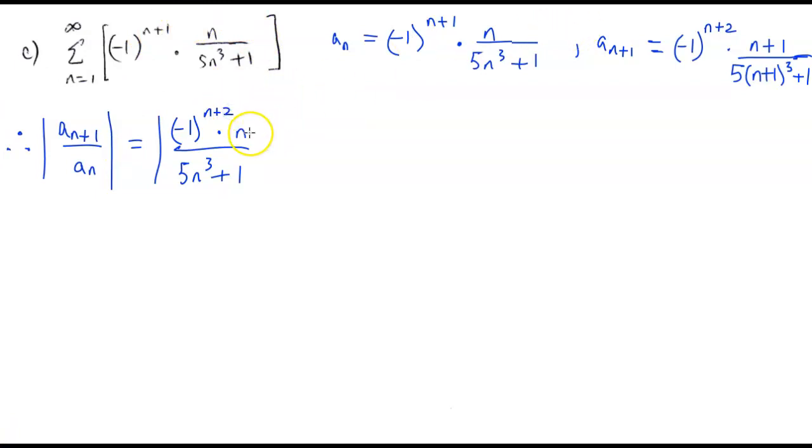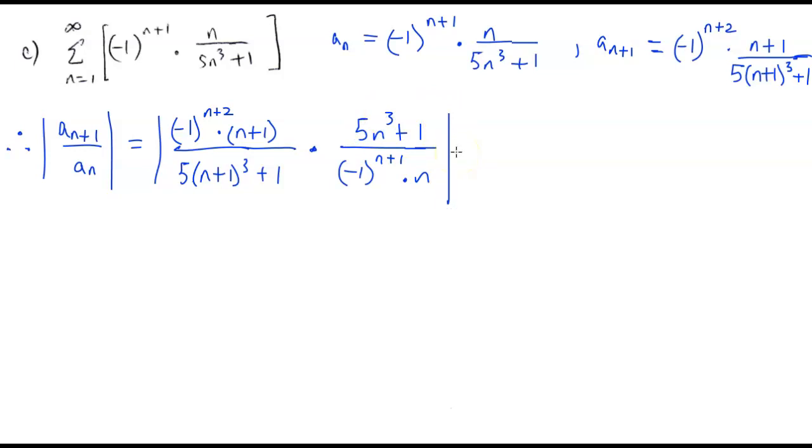This will be n plus 1 here, and this denominator will be 5 times n plus 1 cubed plus 1. So that is our a sub n plus 1. We divide that by a sub n, which is just the reciprocal of what we have here: negative 1 raised to the n plus 1 times n in the denominator, and 5n cubed plus 1 in the numerator.